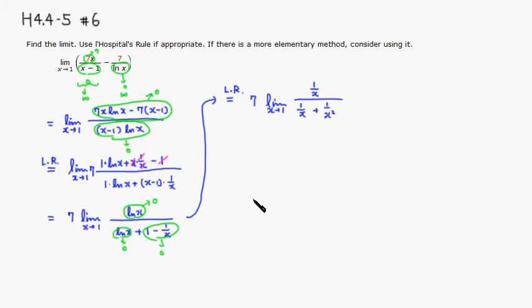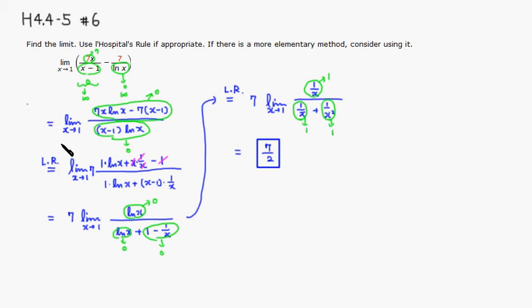Then as x goes to 1, this is going to be 1, this is 1 over 1, so it's 1, and this is 1. So this is going to be 1 over 2. So this is 7 times 1 over 2, which is 7 halves. So that's the limit.